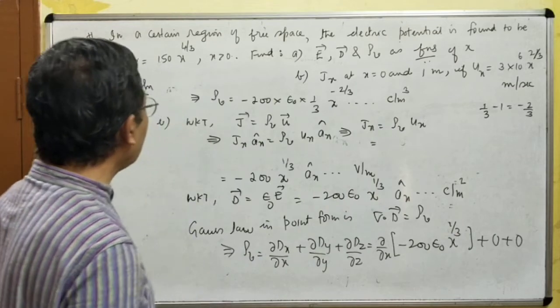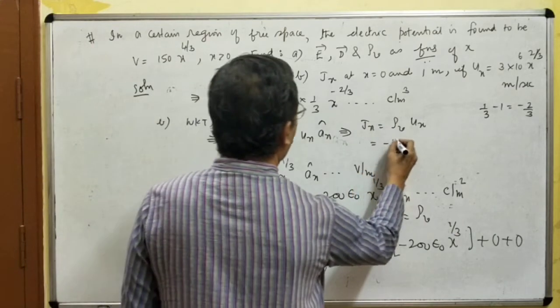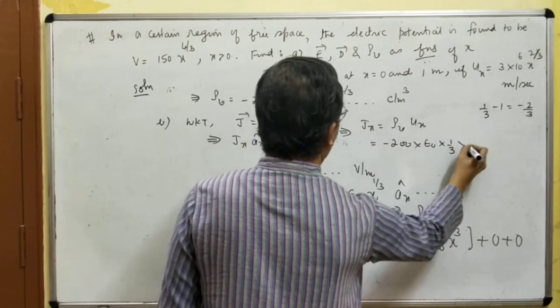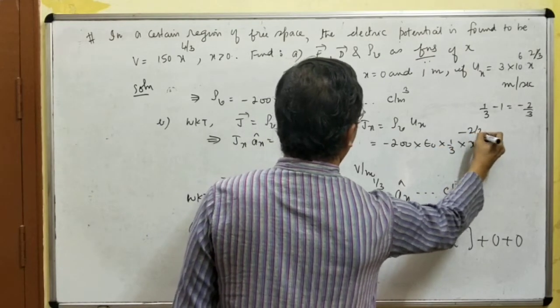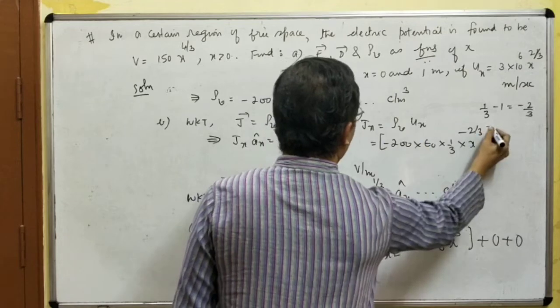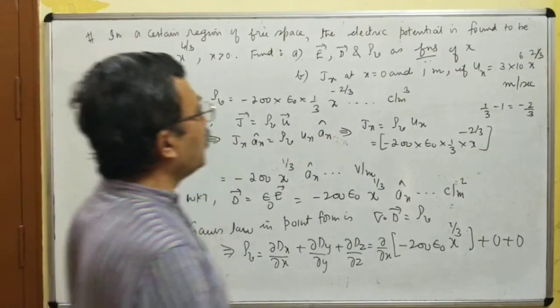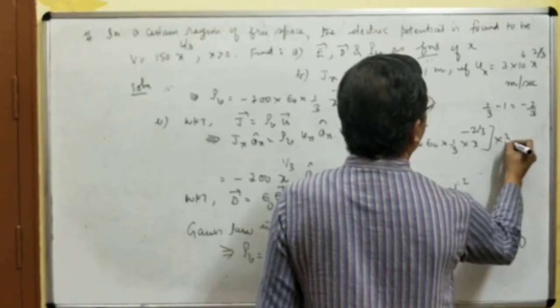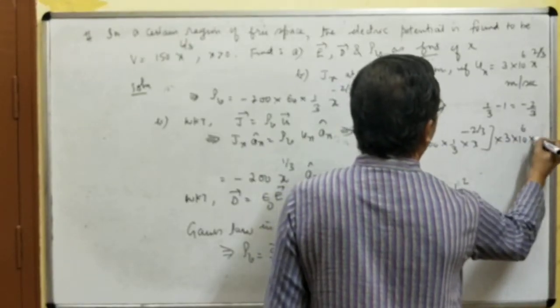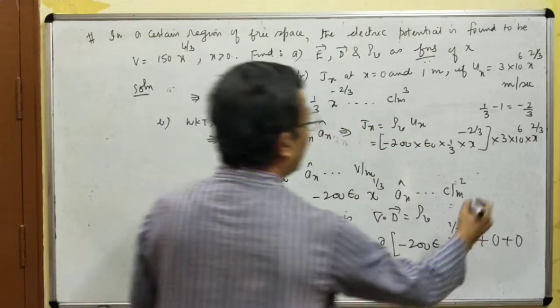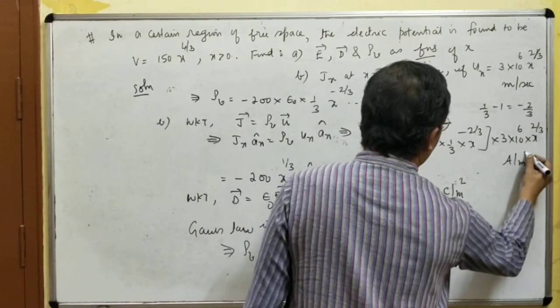Rho v we have calculated. Minus 200 into epsilon naught into 1 by 3 x to the power minus 2 by 3. This is the expression for rho v taken from here. What is the expression for Ux? Expression for Ux is 3 into 10 to the power 6 into x to the power 2 by 3. So many amperes per meter square.